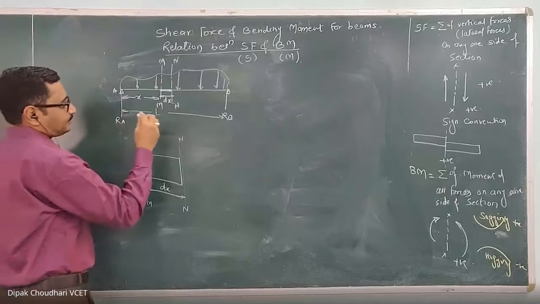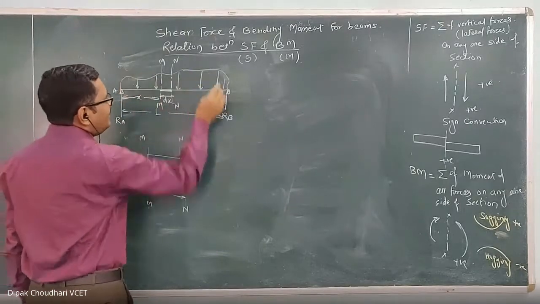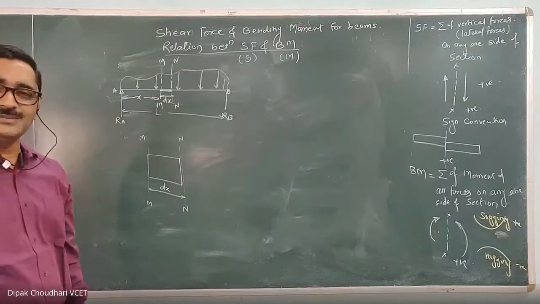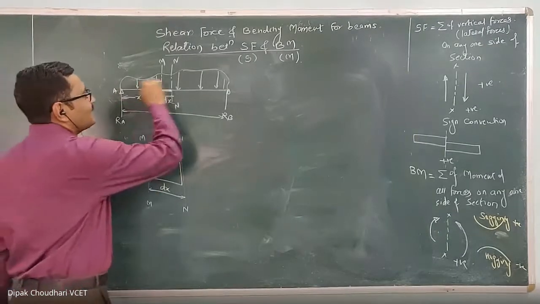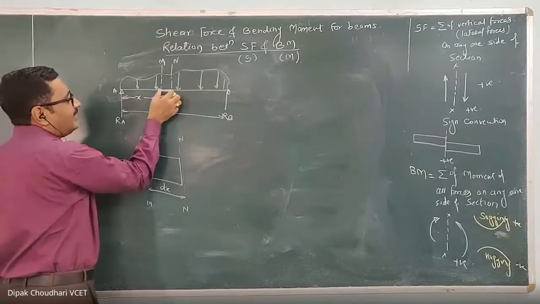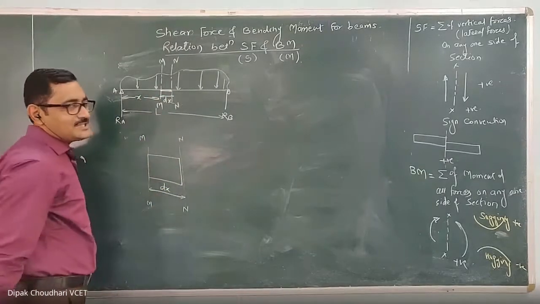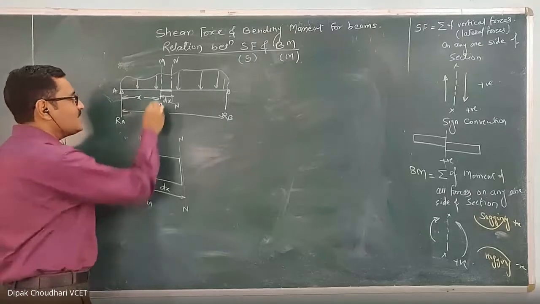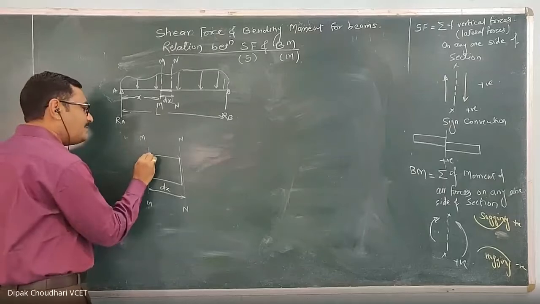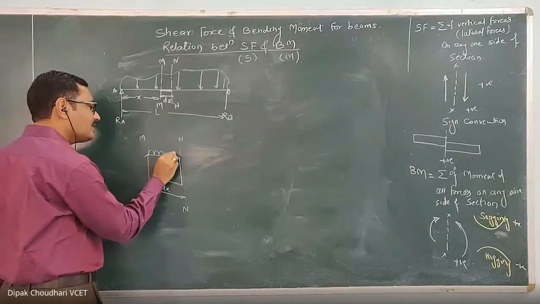Now this loading is a variable loading. It is random loading. You can consider it as a UVL also. But if I consider this a small elemental part, very, very small length, the load distributed over this length can be considered as a UDL.